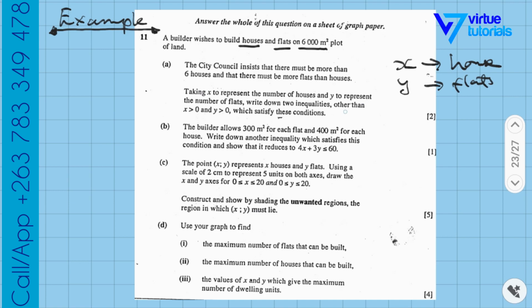Write down two inequalities, other than X is greater than 0 and Y is greater than 0, which satisfy these conditions. So what two inequalities can we write? The first one: we're told that there must be more than 6 houses. Therefore X, the number of houses, must be greater than 6.